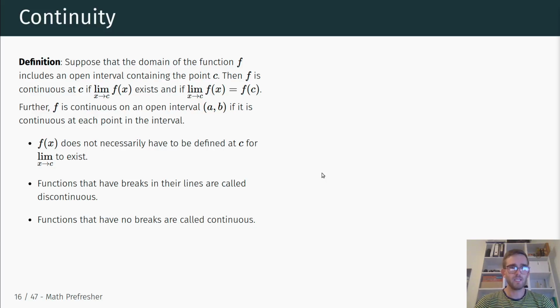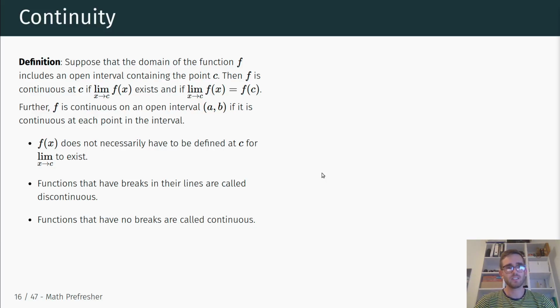Suppose that the domain of the function f, so the set of values that are mapped onto some other set, includes an open interval containing the point c. So it's basically just that c is part of the domain of f of x.